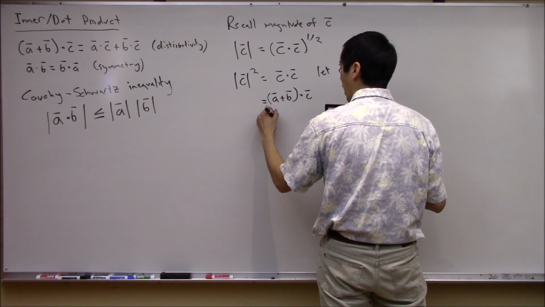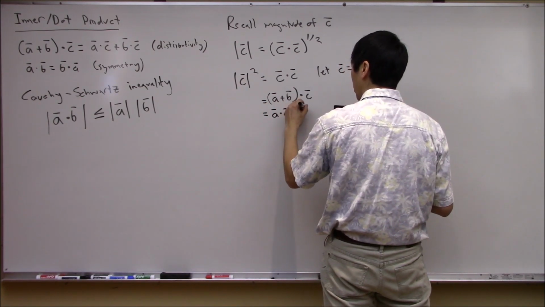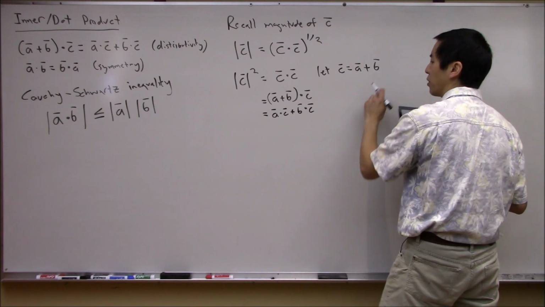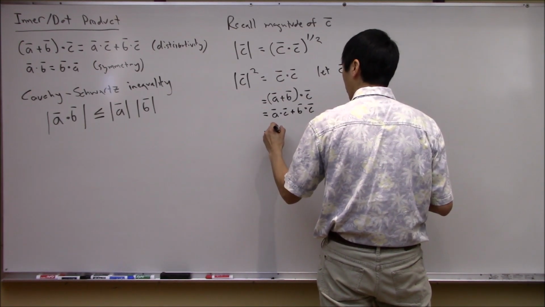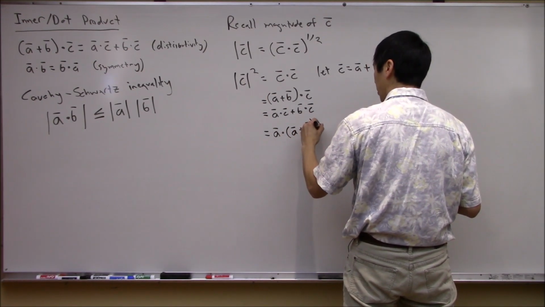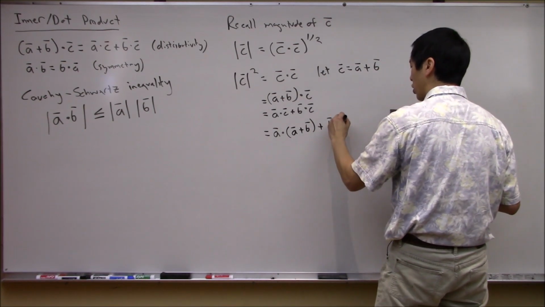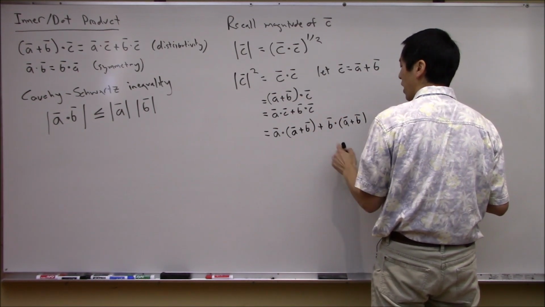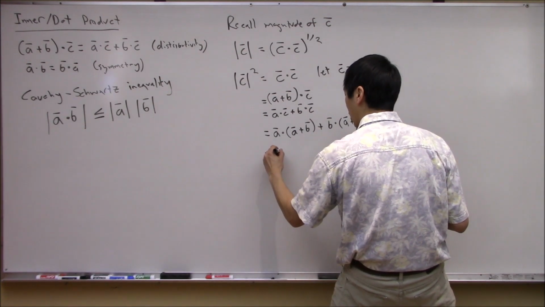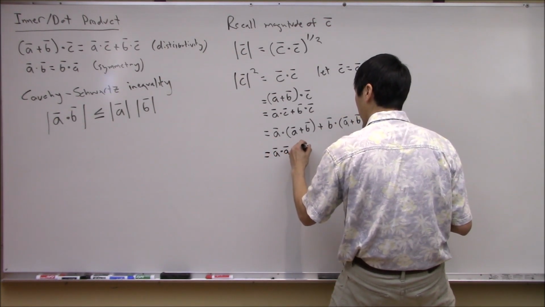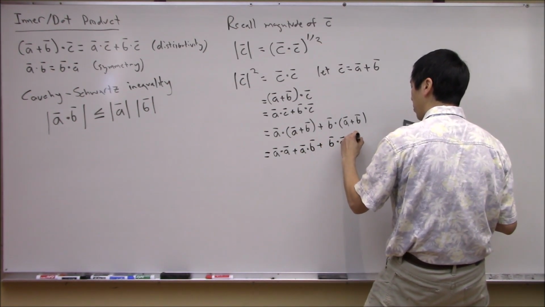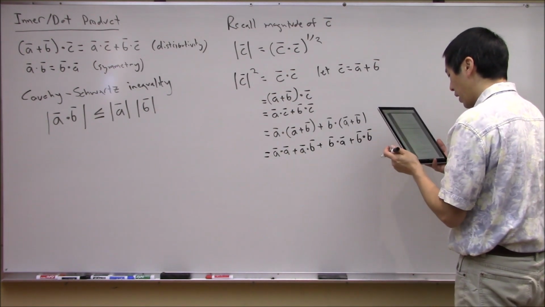We end up with A dotted with C plus B dotted with C. Now let's make the replacement that C is actually A plus B. So we have A dotted with A plus B, plus B dotted with A plus B. Now let's distribute again. We distribute the A through this, so we end up with A dotted with A plus A dotted with B. Now distribute the B through, and we get B dotted with A plus B dotted with B.